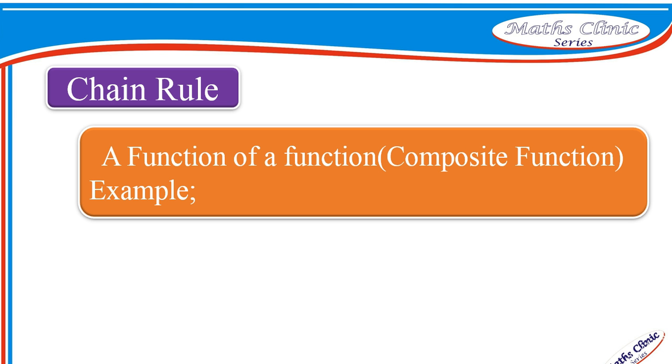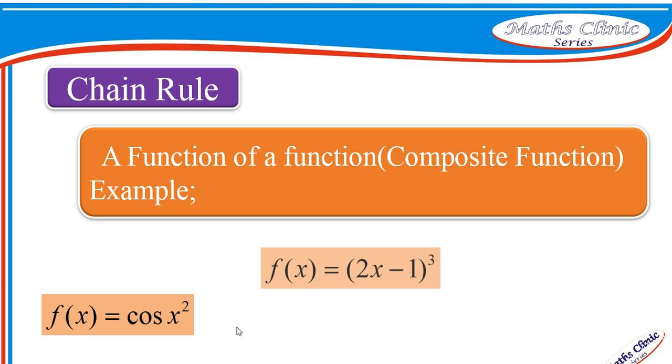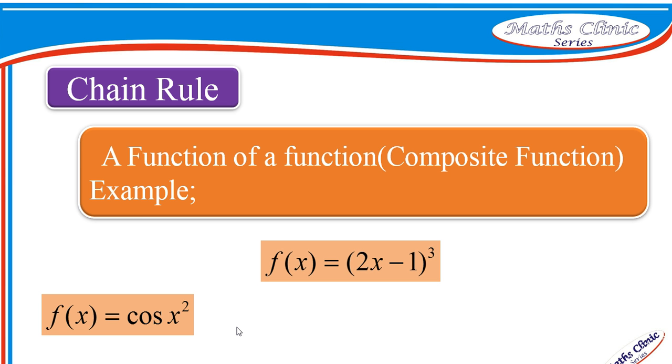Now, when we talk of a function or composite function, examples of such functions can be this. Let's say we have f of x equals cos x squared, or we can think of another function like this, which also is called a function within a function or composite function.